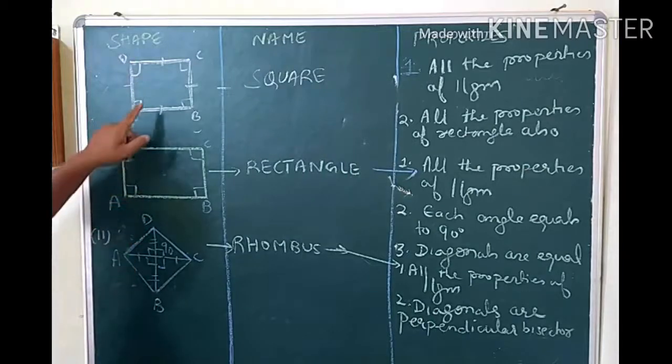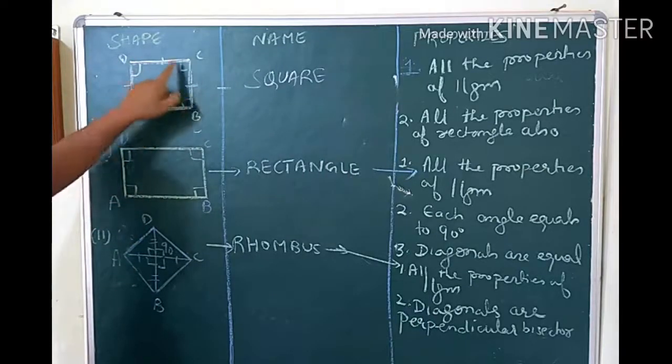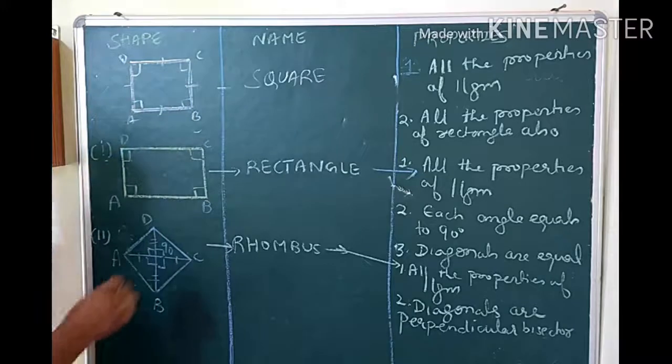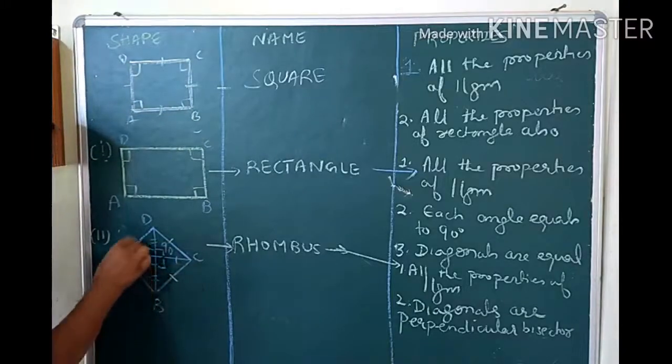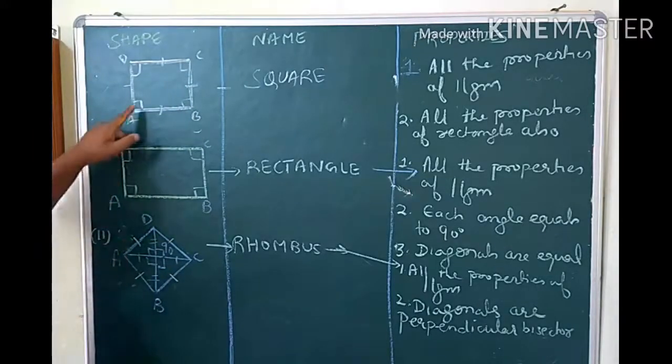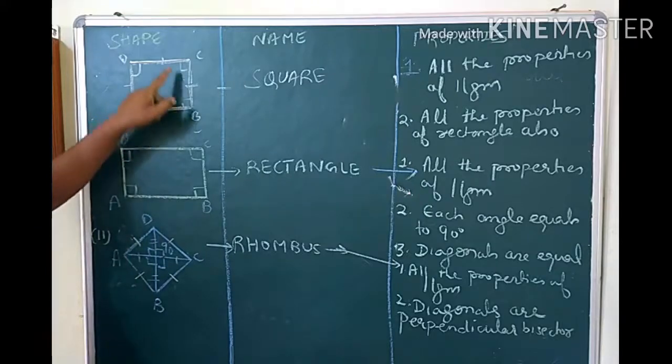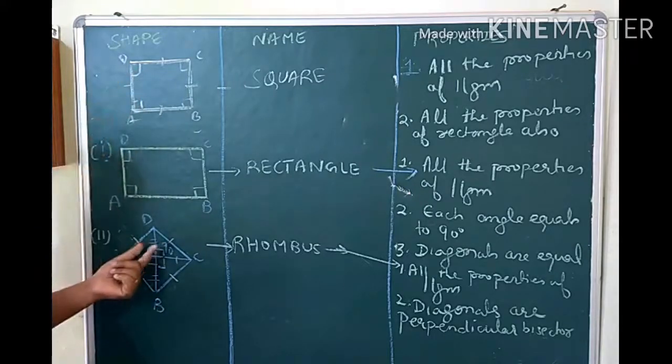Now children, in a square all sides are equal, in a rhombus also all sides are equal. The only difference is what? In a square each angle is equal to 90 degrees, and in a rhombus each angle is not 90 degrees.